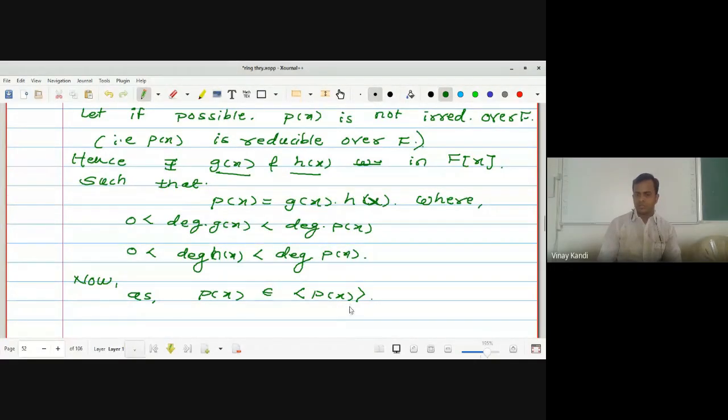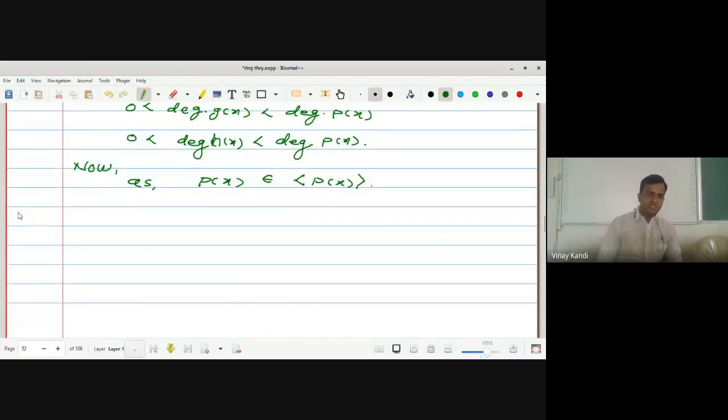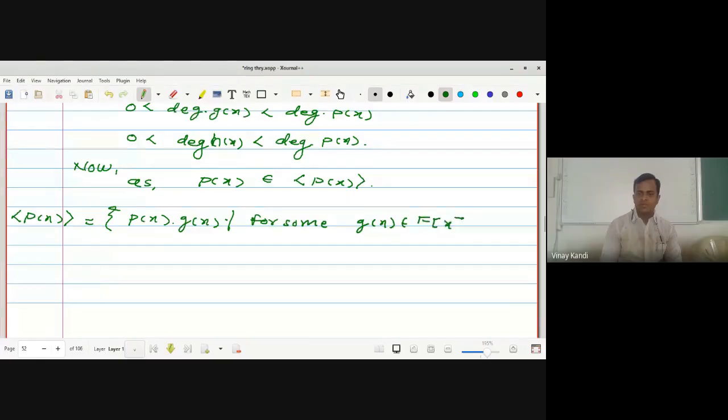What was the definition of this set last time? Every element of this set can be written in the form P of X into G of X, where G of X belongs to capital F of X. This means every element of it will be a multiple of P of X.